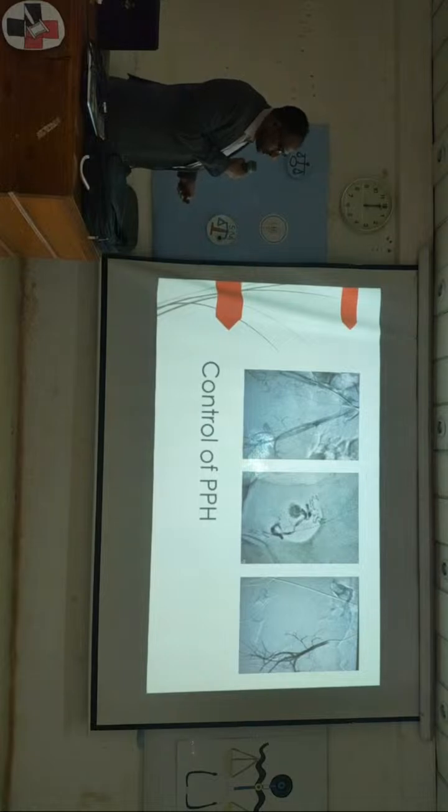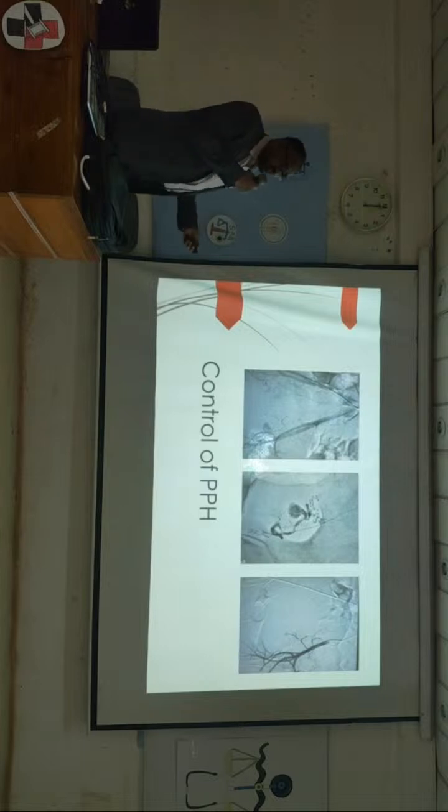This is a pseudoaneurysm occurring after cesarean section, the iatrogenic injury to the uterine artery causing this massive bleeding. We go with a microcatheter through the uterine artery, and we reach this area, and we embolize it with liquid embolizing material, and this is the end of the procedure, and the patient recovered well.